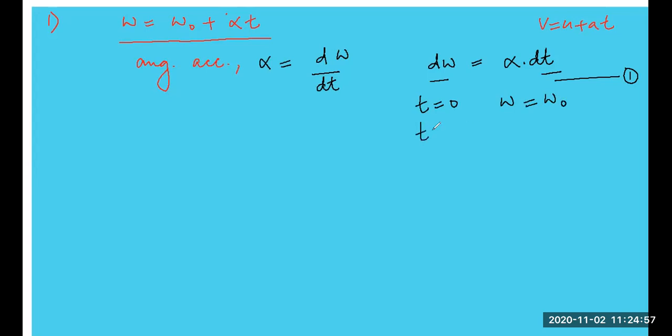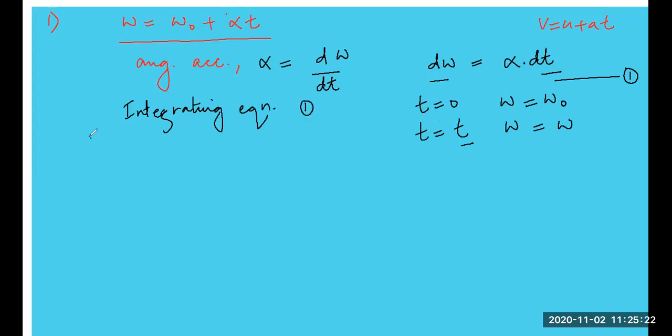When t is equal to t, any arbitrary time, 2 seconds, 3 seconds, 10 seconds, 1 hour, when t is t seconds, variable, then my omega becomes equal to omega. Putting these conditions and integrating equation 1 on both sides.